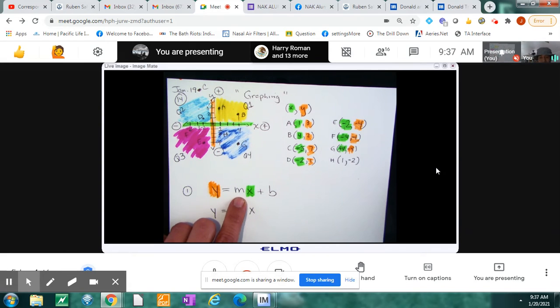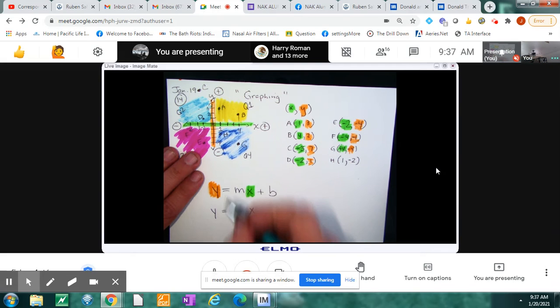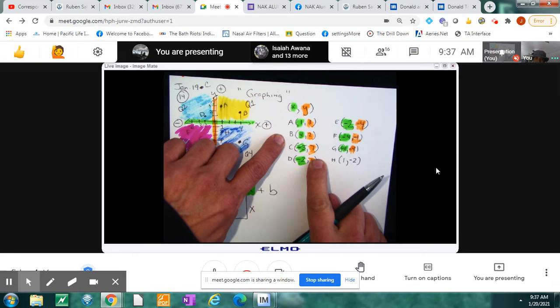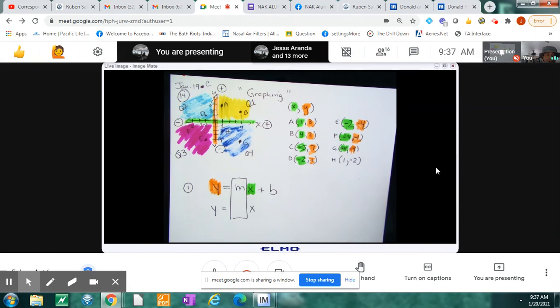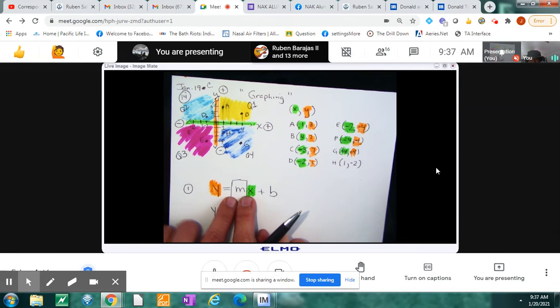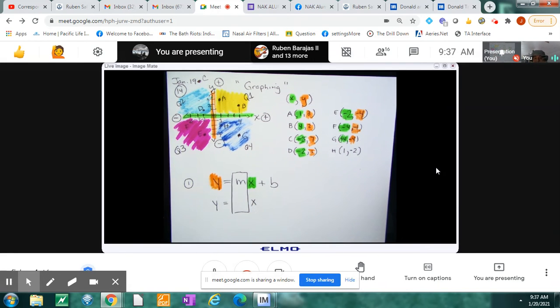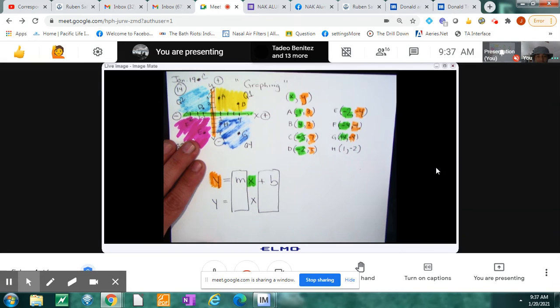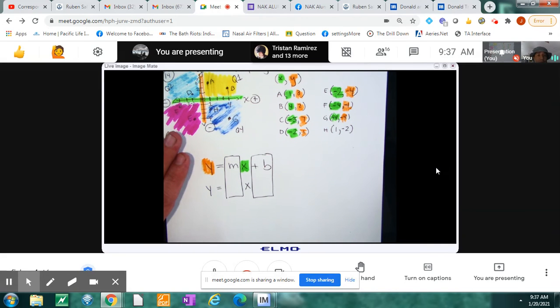Now the m and b, those are the ones that have to have numbers. Because remember, the x and the y are just the coordinates. So you don't know which coordinates fall on the line, right? So what's going to shape the line is your m and your b. So your m and your b are going to be numbers.